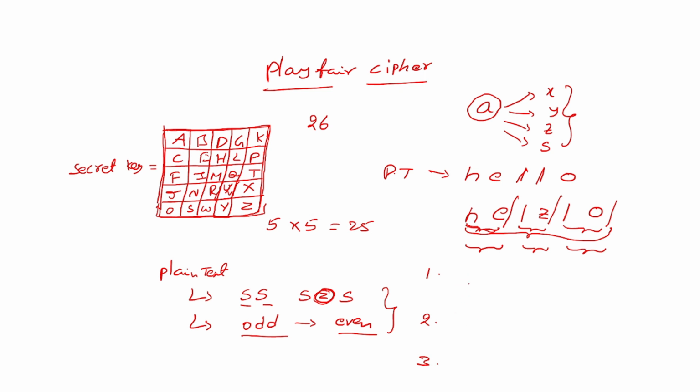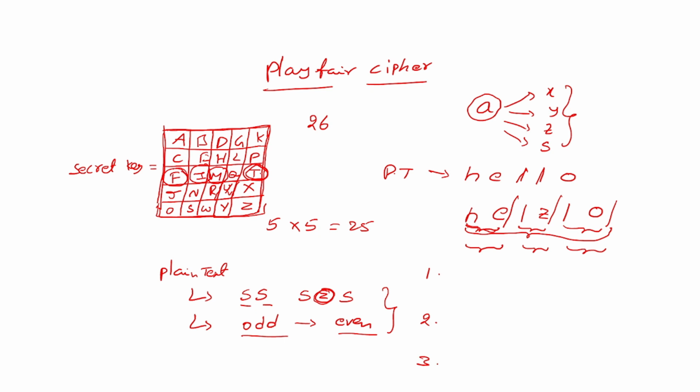The two characters in a pair are located in the same row. Suppose, for example, I, T. Then we need to take M in the place of I, and in the place of T we need to take F. If the character is the last character in the row, then we need to wrap around that row, so for the last character we take the first character.